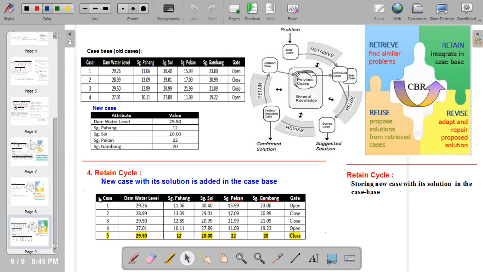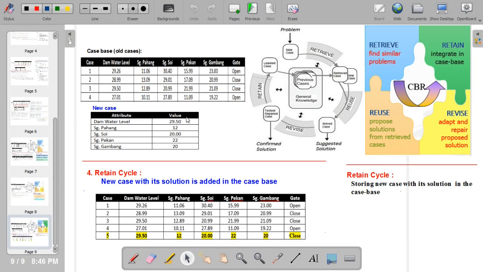To the case base. So this is the old case base that we got in the beginning of our case study, right? But here, if you look, we have updated the case base by adding the new case with its solution. This is the new case, which we documented with number 5, and the attributes will have the same values as here, because this is the new case.